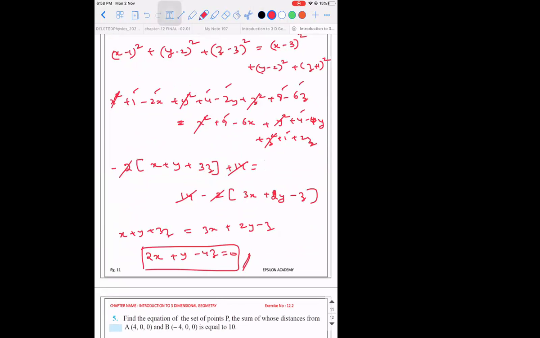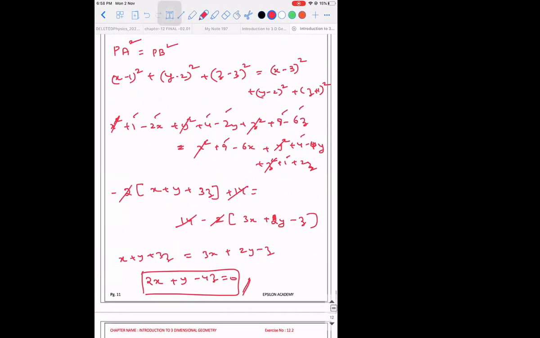So I think there'll be no y, sir. No, if y minus 2 is there on both sides, it'll get cancelled, no, sir. Where? It's given y minus 2 the whole square in PA and y minus 2 the whole square in PB. I could have actually cancelled here itself. I didn't check that.